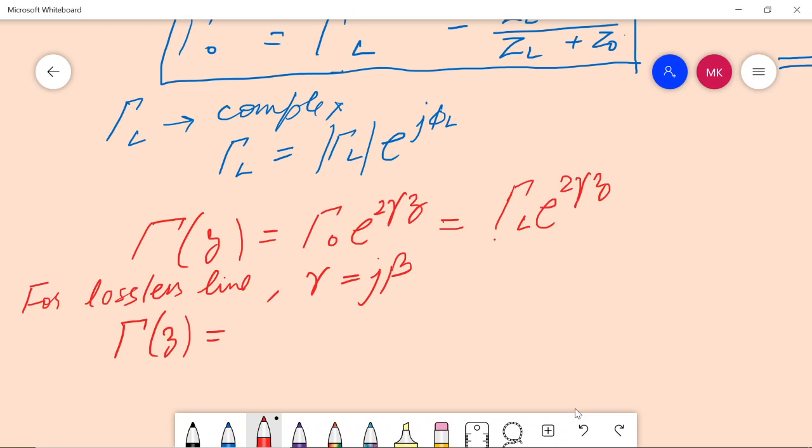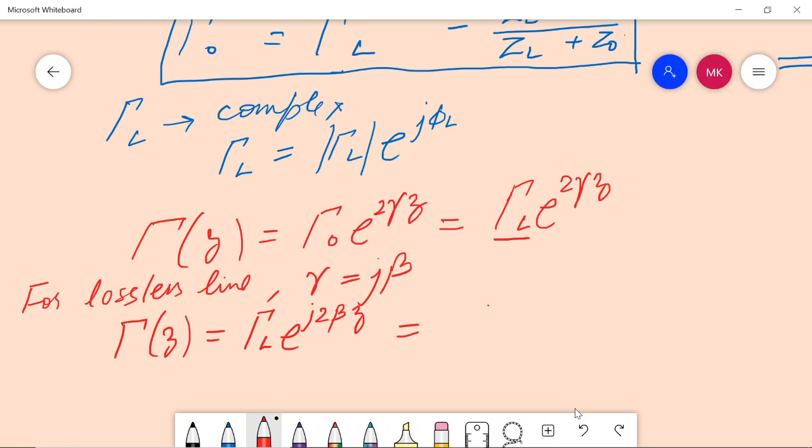Now also gamma L will have some magnitude and phase. So let me write this down first. e to the power j 2 beta z.